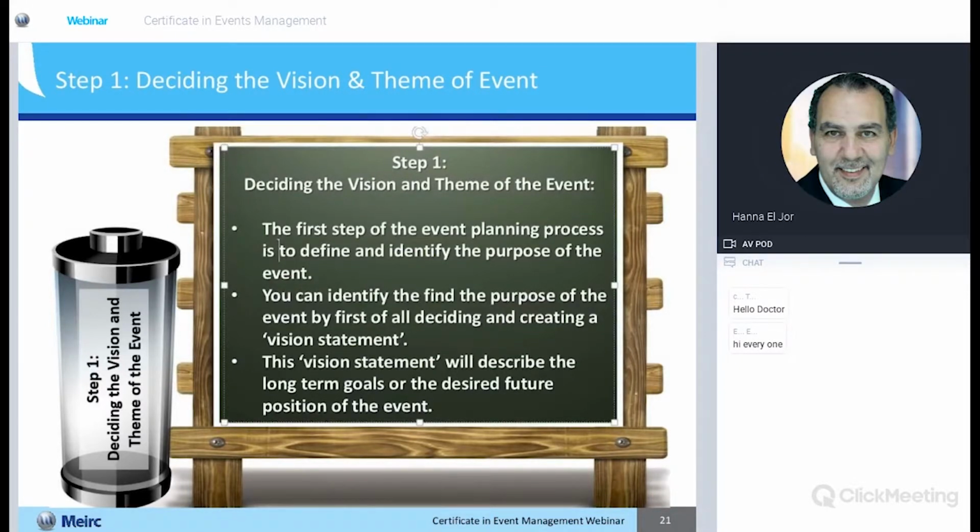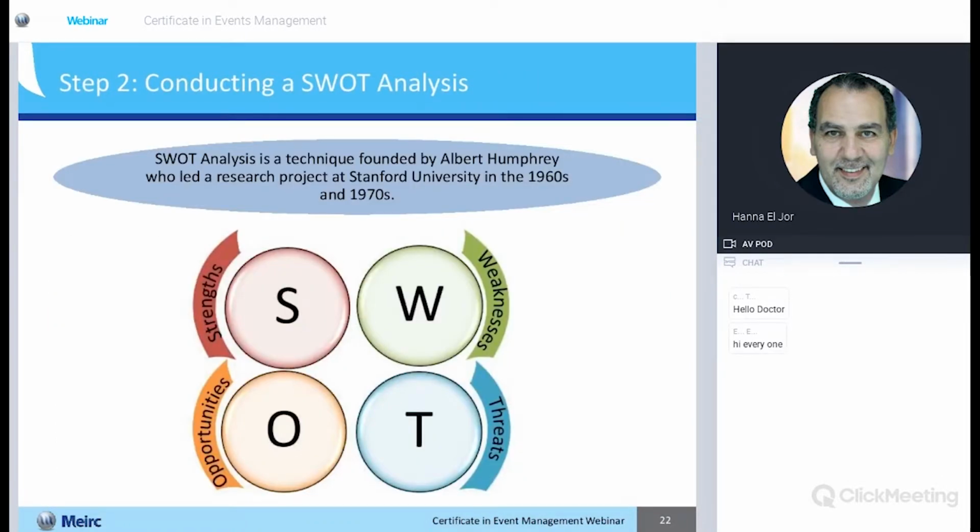In another way, we need to decide on the vision of the event. We can identify the purpose of the event by doing brainstorming sessions as a team, and then we will decide what the theme of the event will be. So this is one of the first steps.